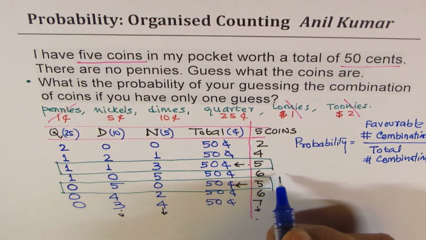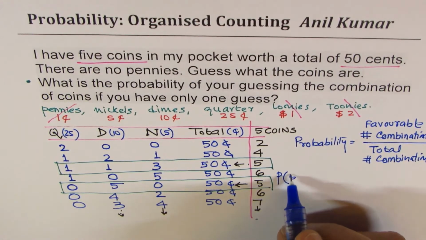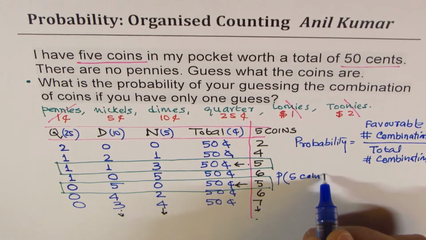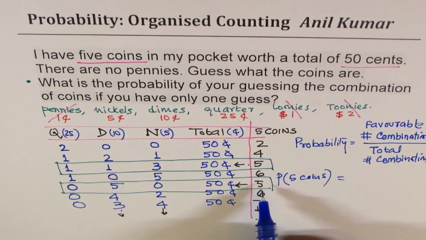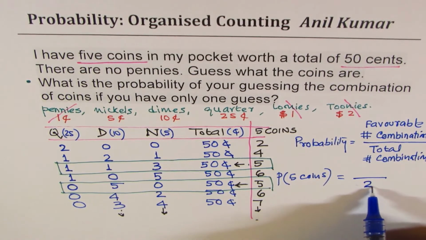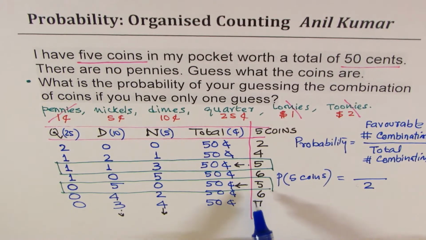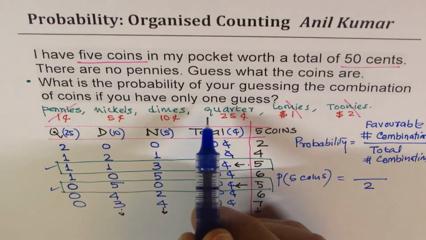In this example, we could write probability for 5 coins, right? Correct guess is there are actually only 2 combinations possible, so that 2 comes here, right? With 5 coins, there are only 2. And what I could say is select one of them because I have only one guess.